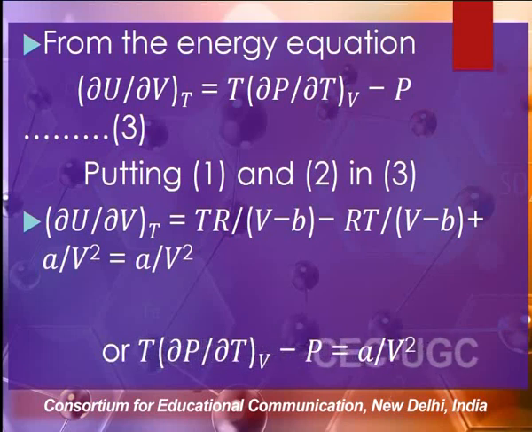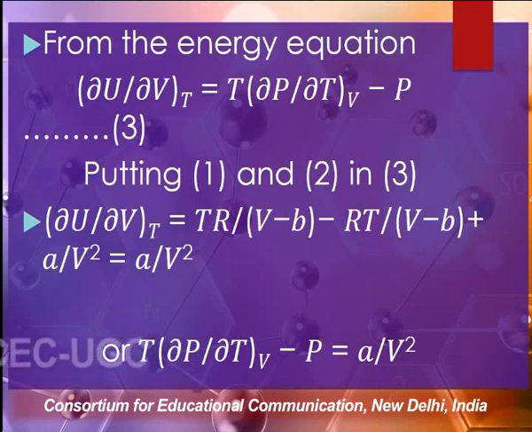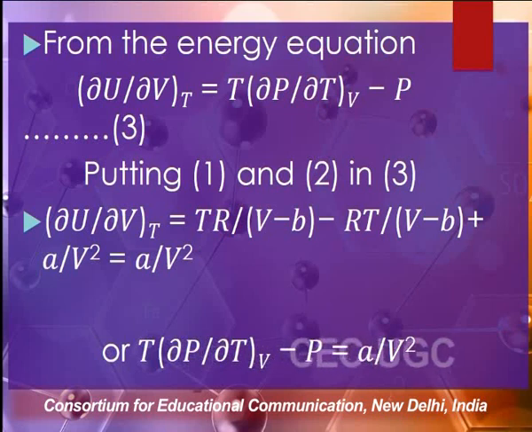Substituting 1 and 2 in 3, I get delta U by delta V at constant temperature is equal to RT by V minus B, minus RT by V minus B plus A by V square. So again you can see RT by V minus B gets cancelled and I am left with A by V square. So we get T delta P by delta T at constant V is equal to A by V square.